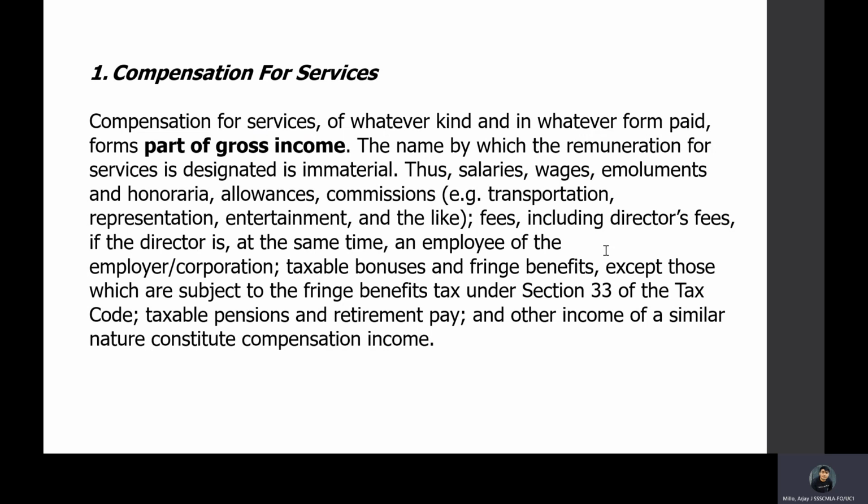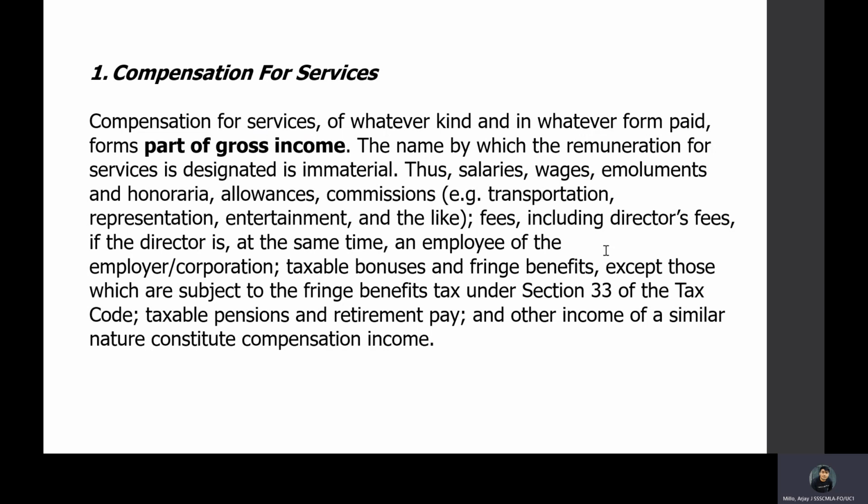So, the name by which remuneration for services is designated is immaterial. Thus, salaries, wages, emoluments, and honoraria, allowances, and commissions, like transportation, representation, entertainment, and the like, fees including director fees if the director is at the same time an employee of the corporation, taxable bonuses, fringe benefits, except those which are subject to fringe benefit tax under Section 33 of the Tax Code, taxable pensions and retirement pay, and other income of a similar nature constitute compensation income.